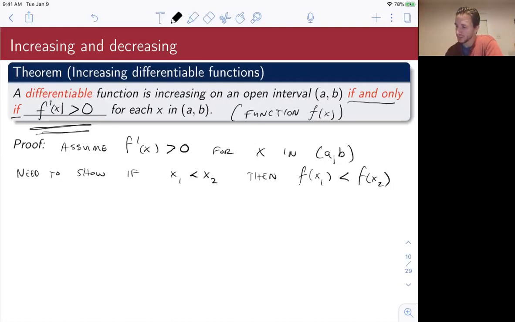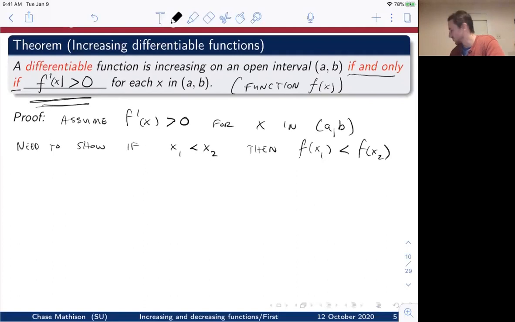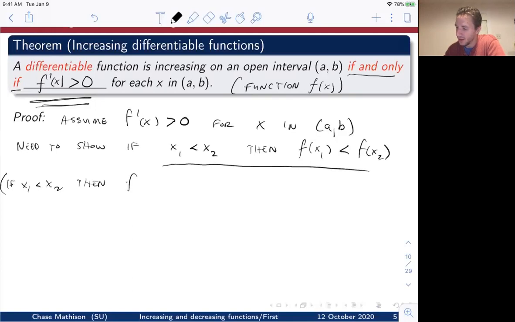So how are we going to prove this? Well, I am going to take any x1 and x2 in the interval a to b. Another way to show that if x1 is less than x2, then f of x1 is less than f of x2, another way to say that is: if x1 is less than x2, then f of x2 minus f of x1 is greater than 0.